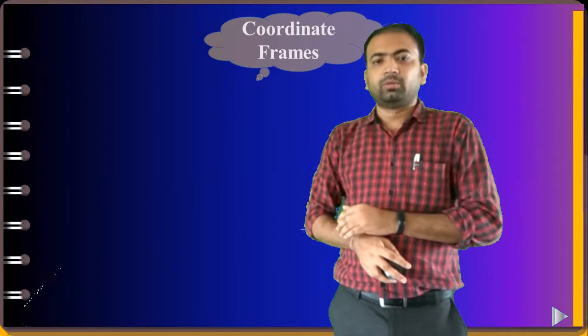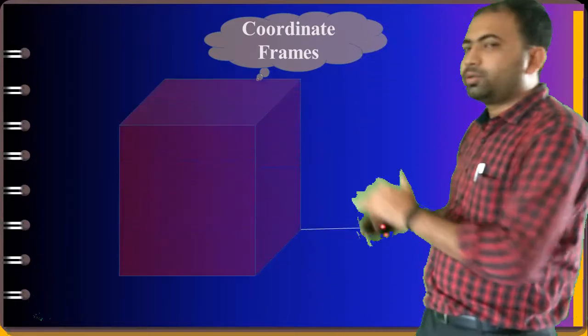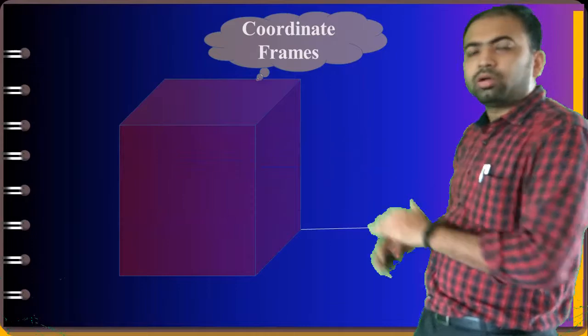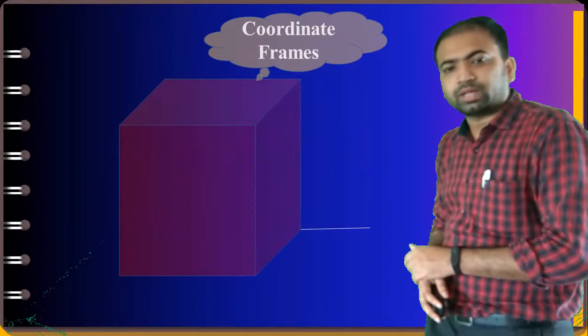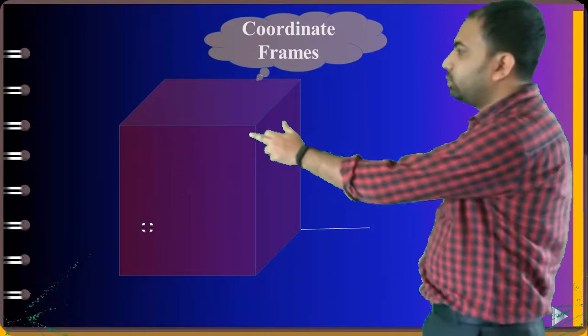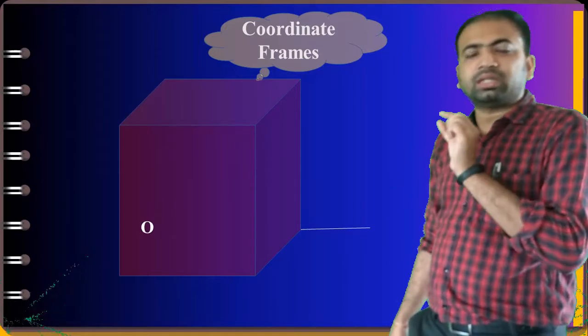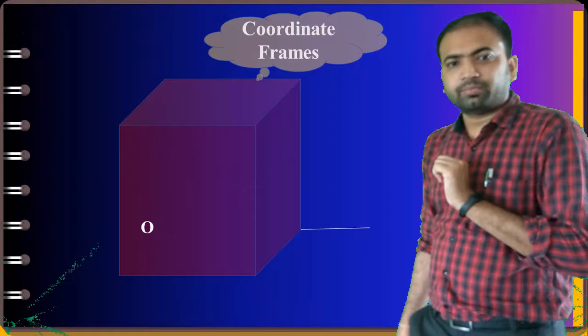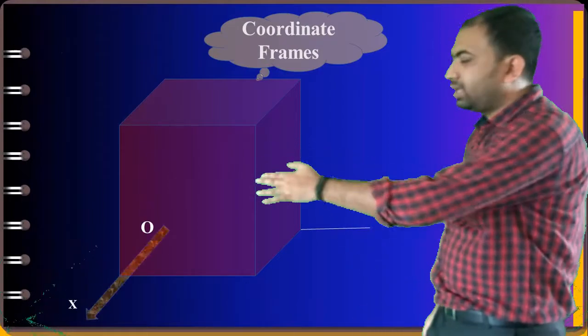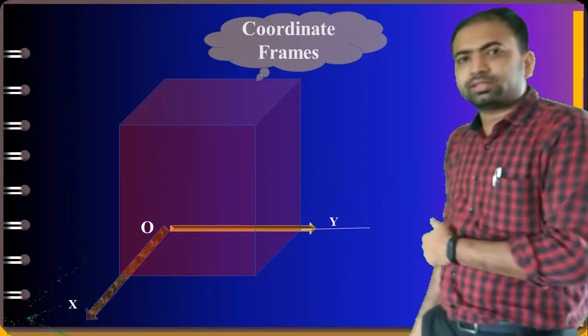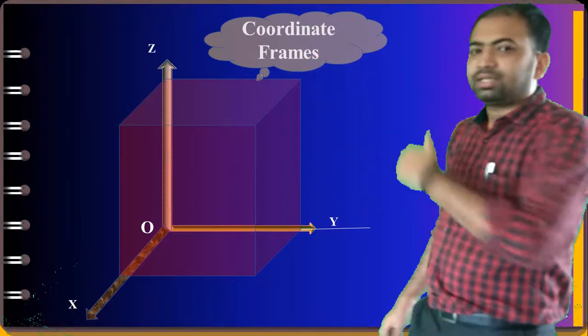First of all, we will consider a block as you can see. One 3D block, a cube, we have taken. Now, we will say that we have got point O over there. O is nothing but the origin. Then we have got the x axis, the y axis, and the z axis.